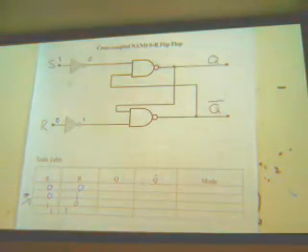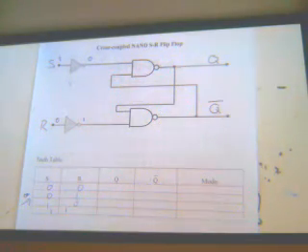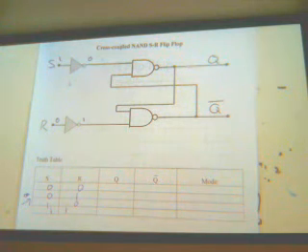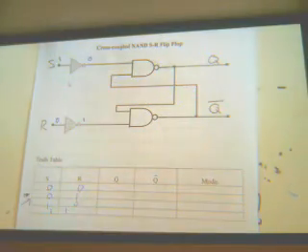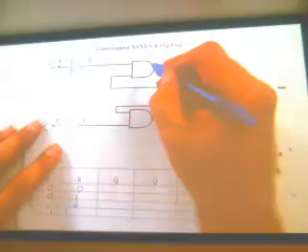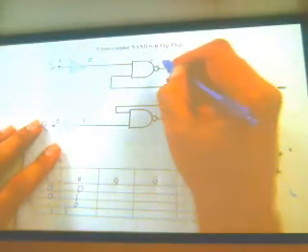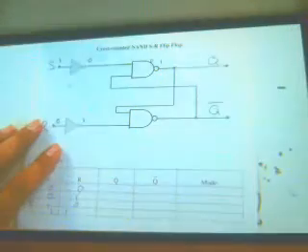Anytime one of the inputs to an AND gate is 0, what is the output of an AND gate going to be? 0. And this one's inverted. So on one side it would be 0, and on the other side it's going to be a 1.